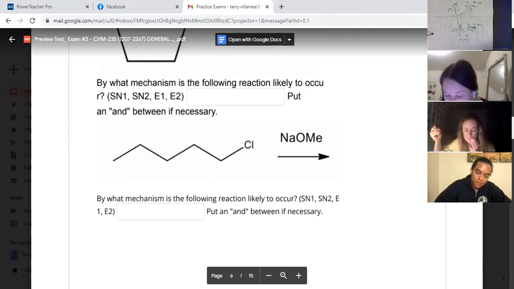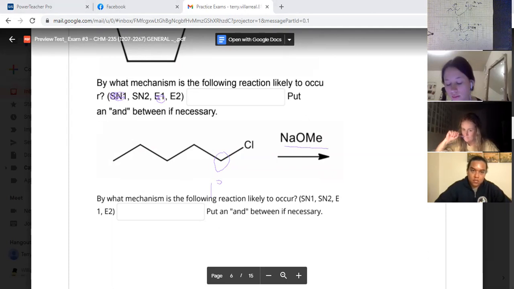Okay, so what type of carbon is my leaving group? Primary. So what can I eliminate? SN1 and E1. Yep. NaOMe, good nucleophile, good base, both.